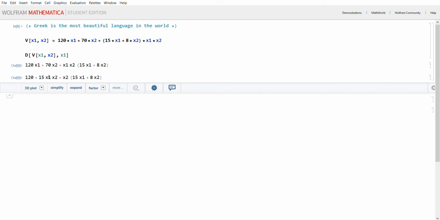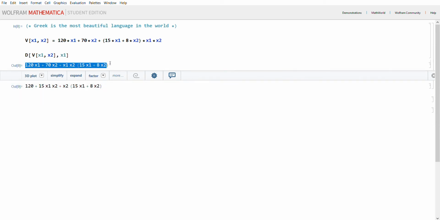You see, it's 120 plus x2 plus 15 times x1 times x2 plus x2. You see how messy they are, and notice they don't have the multiplication sign, so you have to kind of read it. So 70x2 is 70 times x2. So this is the output.